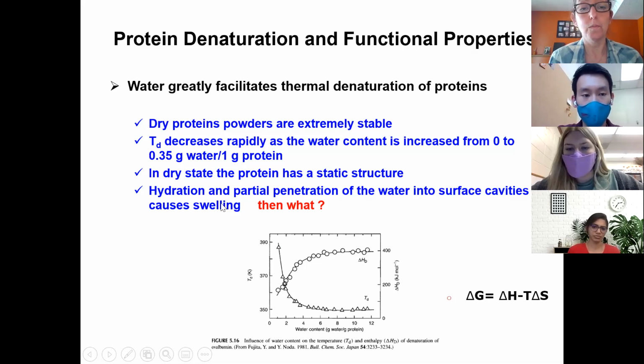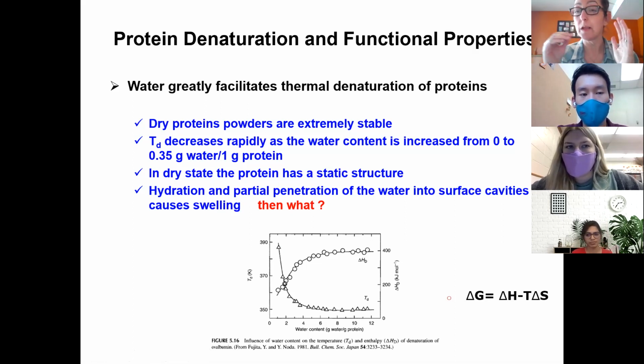So what happens in the presence of water and heat? You have thermodynamics going on. The water is moving, right? And then the water hydrates the protein and partially penetrates into the cavities of the protein, causing swelling. Basically, when the water is in, it breaks the internal bonding.